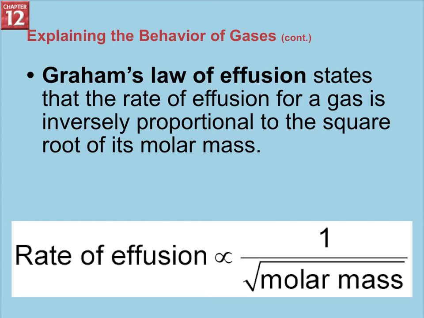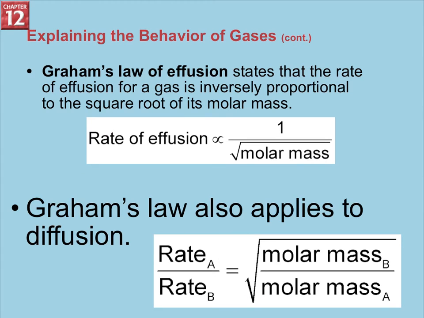All right, Graham's law of effusion states that the rate of effusion for a gas is inversely proportional to the square root of its molar mass. So the rate of effusion is equal to 1 over the square root of the molar mass. Graham's law also applies to diffusion.